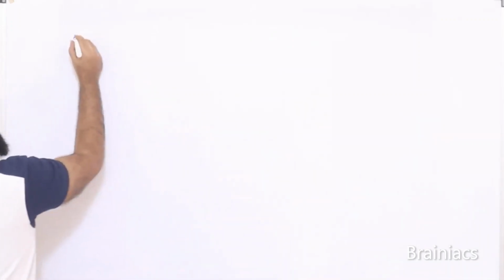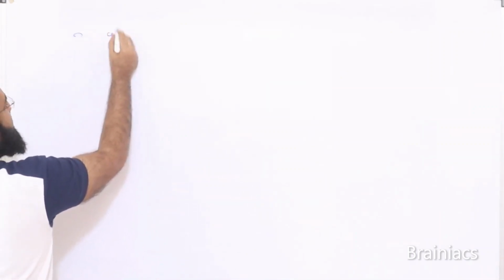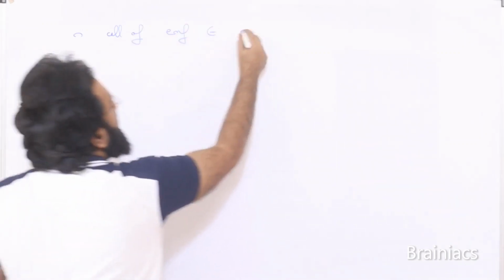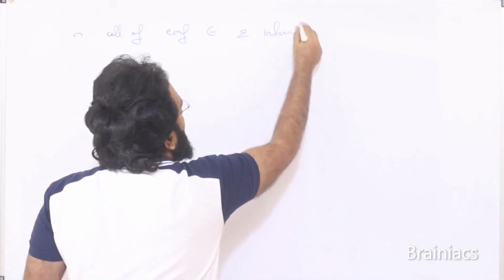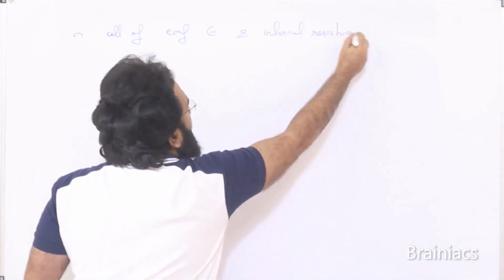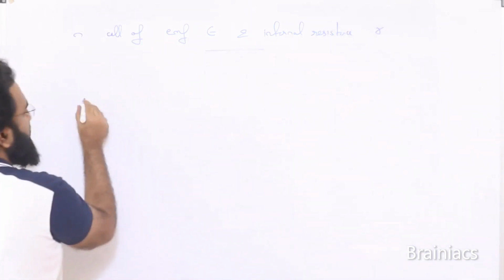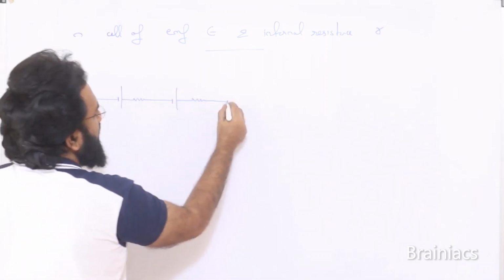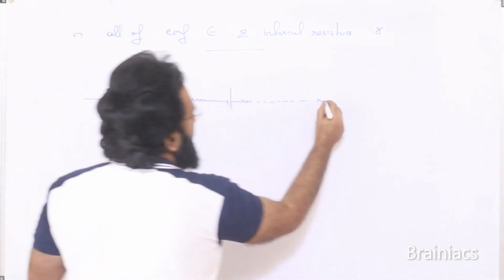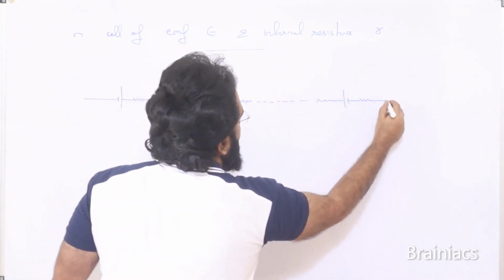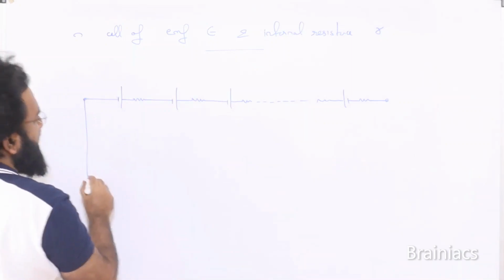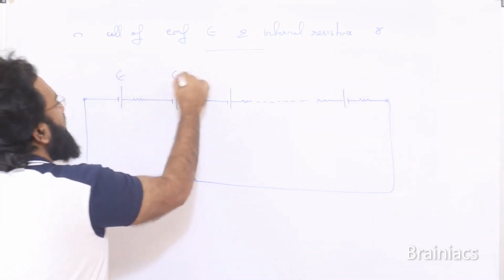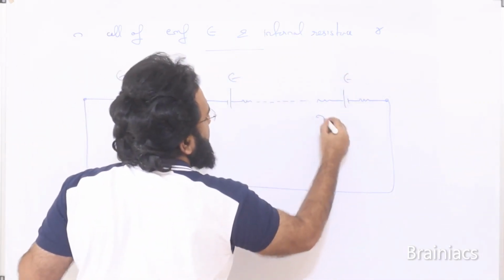Now, n cells of EMF E and internal resistance R. Okay, so suppose we connect n number of cells with the same EMF E, likewise n times.